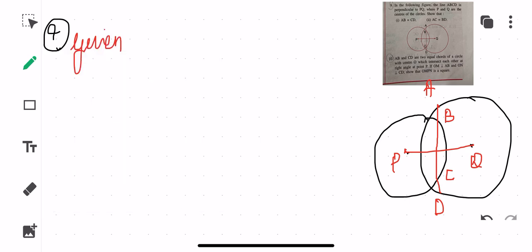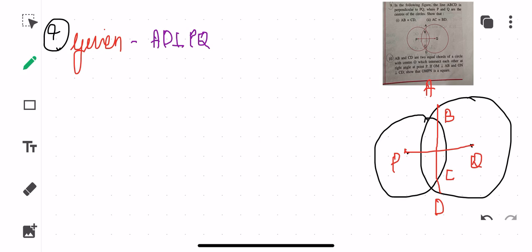If you just see, in the given part you can have ABCD is perpendicular to PQ. So write down AD is perpendicular to PQ, where P and Q are the centers of the circle.